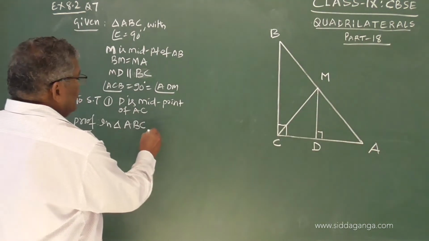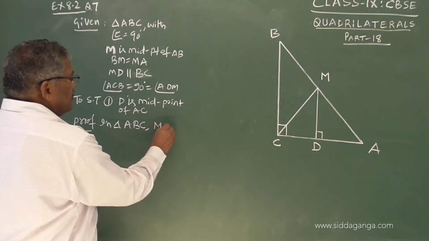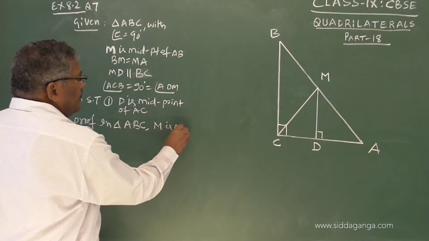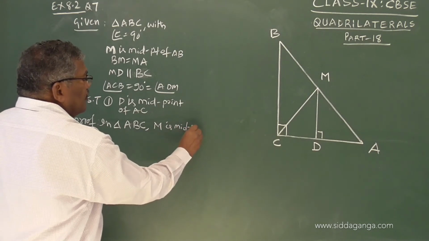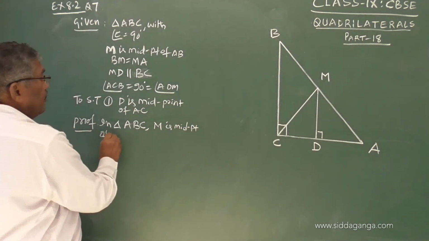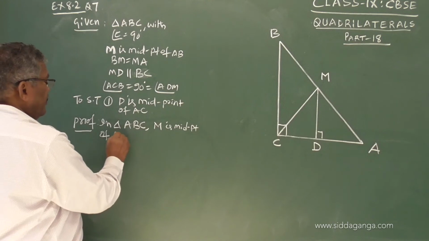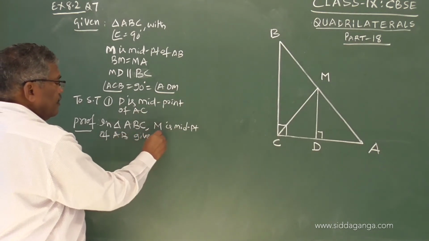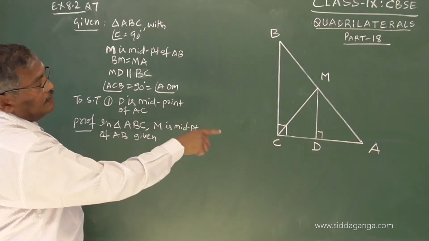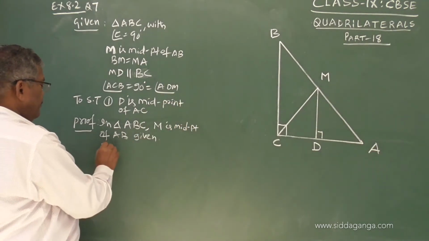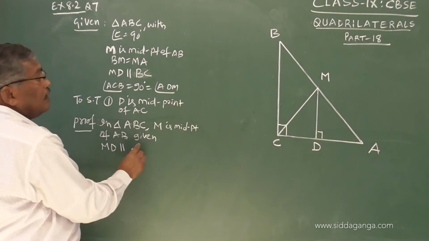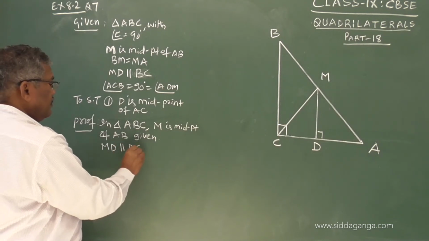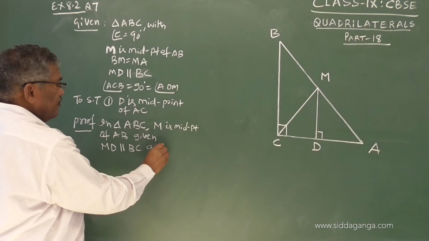In triangle ABC, M is the midpoint of AB. It is given, and MD is parallel to BC, it is also given.